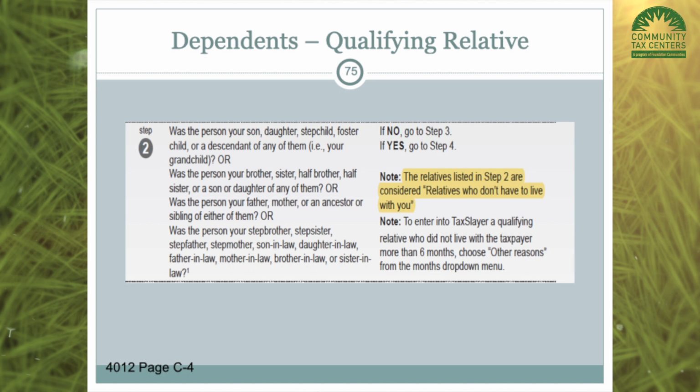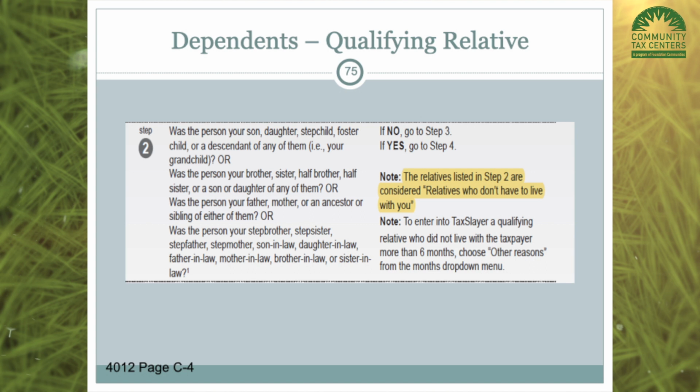Which of those relatives do not have to live with you? It can be your son, daughter, stepchild, foster child, or descendant, a sibling, half sibling, a parent, aunt or uncle, grandparent, or it could be a step relation. The reason we go back over these is because this could be an older sibling, but for a qualifying child we still have to look at those age requirements.